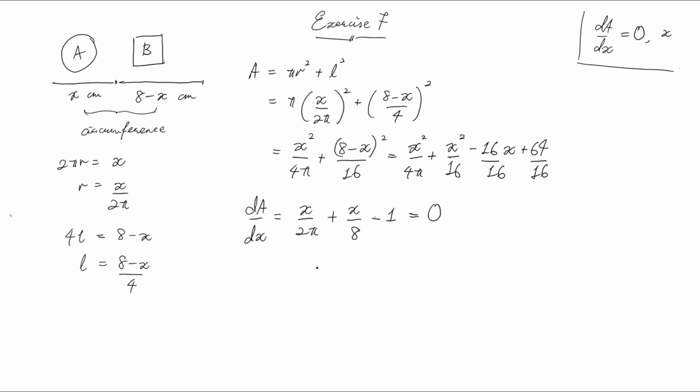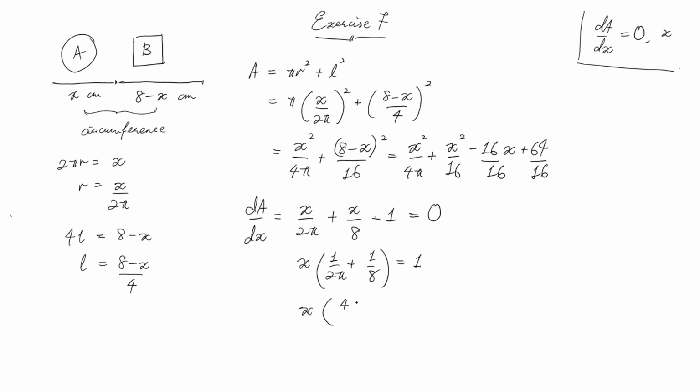Alright, so this part will become x. Yes, I think I will just go with the easier method so that students can easily follow. This will become 1 over 2 pi plus 1 over 8, like this, and equating this denominator, you will get a much simpler term, which is 8 pi.